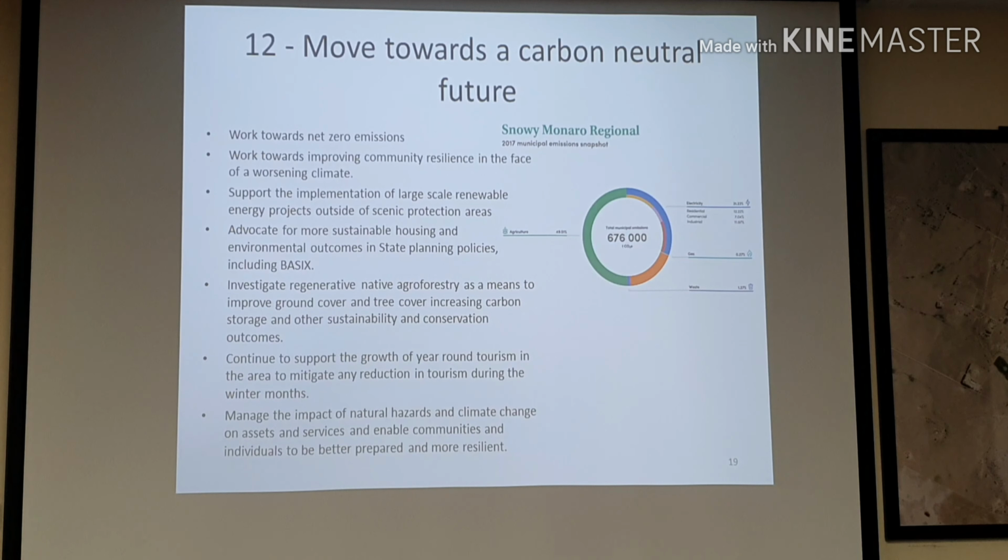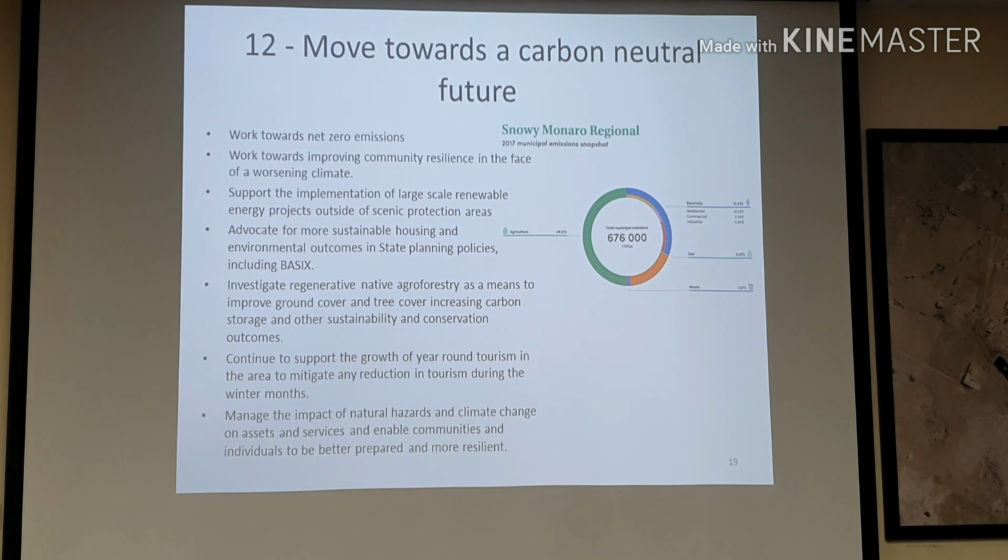And finally, Planning Priority 12, which is move towards a carbon neutral future, and this is really stimulated from the state government's move towards being carbon neutral by 2050. Over on the right hand side there, you've got an outline of what our emissions are on a local level, and this is just carbon emissions, but you can see a lot's taken up by agriculture, obviously being a primarily agricultural area.